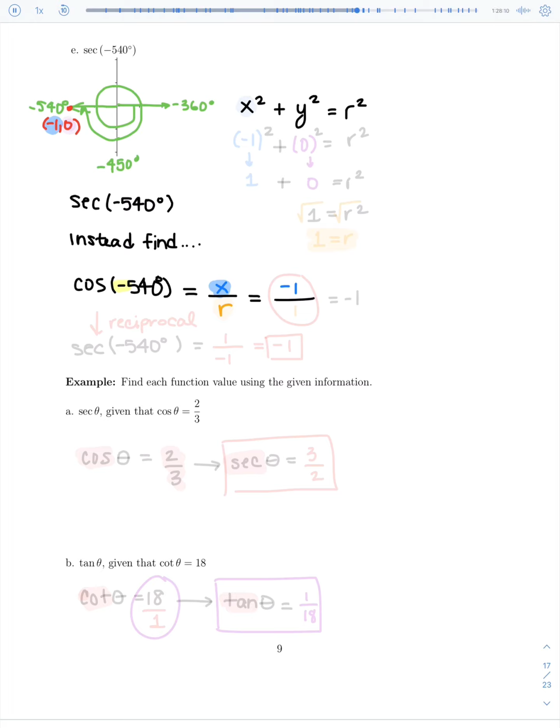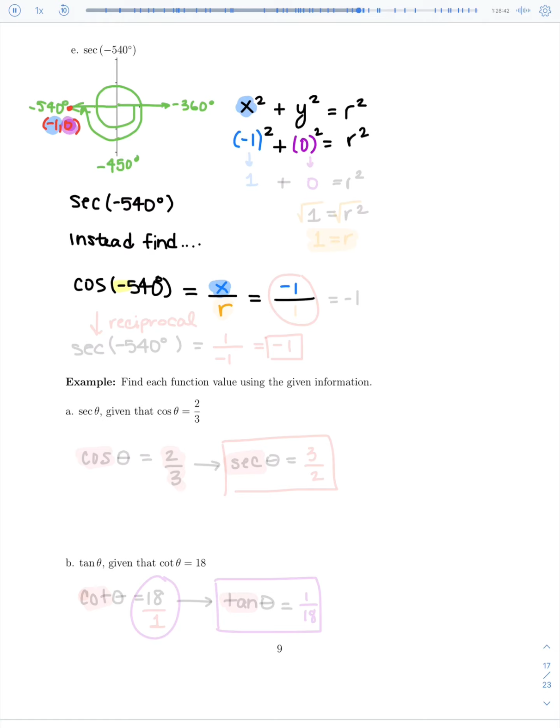So we've got our x squared, which is negative 1 squared, plus our y, which is 0, which is also squared, equals now our r squared, which is the thing we're trying to find.